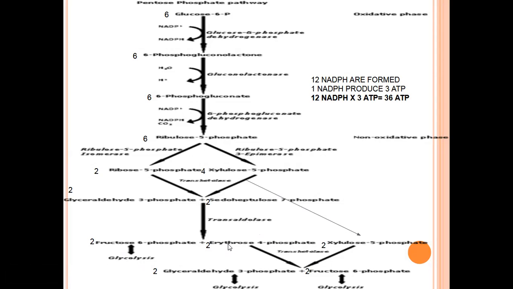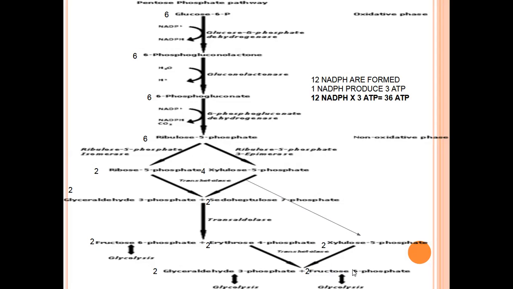Here, 2 molecules of erythrose 4-phosphate combine with the remaining 2 molecules of xylulose 5-phosphate in the presence of the transketolase enzyme to form 2 molecules of glyceraldehyde 3-phosphate and 2 molecules of fructose 6-phosphate.